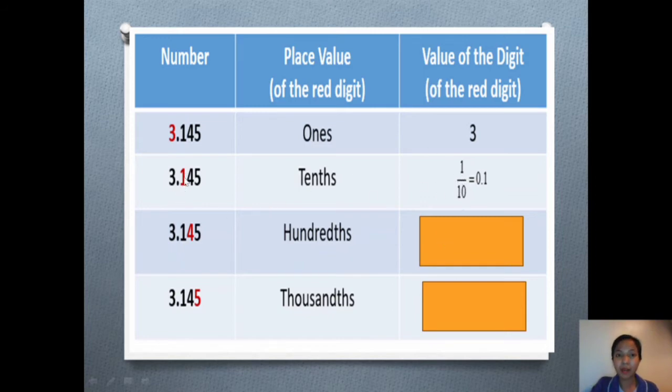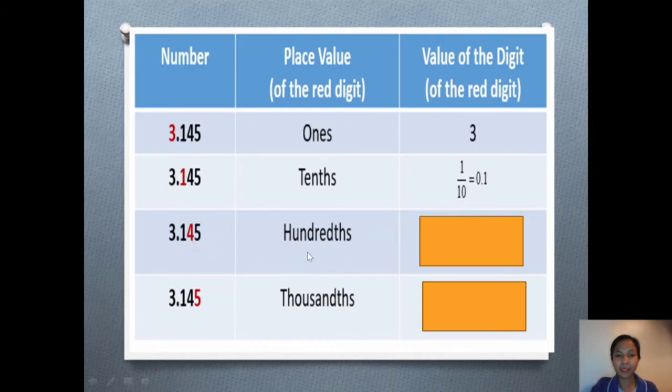Remember? 1 over 10 because this part is fractional already. So it's 1 over 10 because the place value is tenths, or in decimal form, 0.1. Understand? 0.1. Next. What about the 4 here?